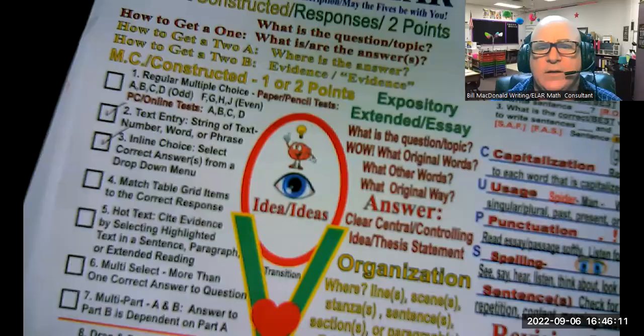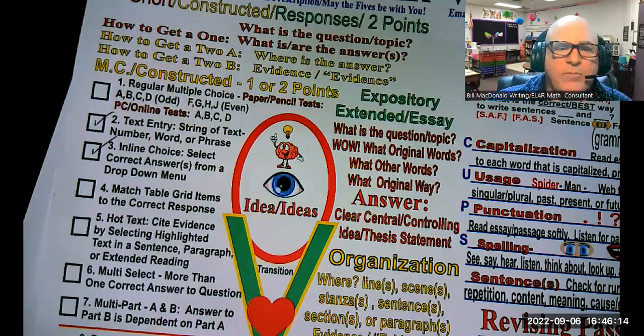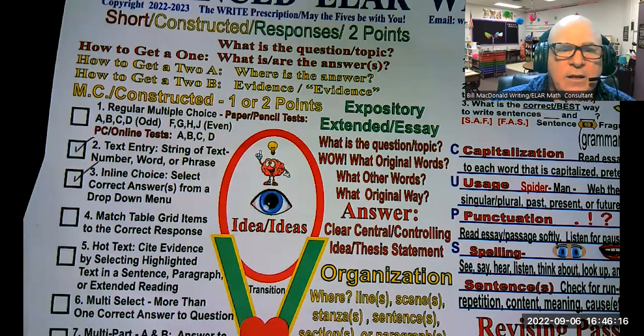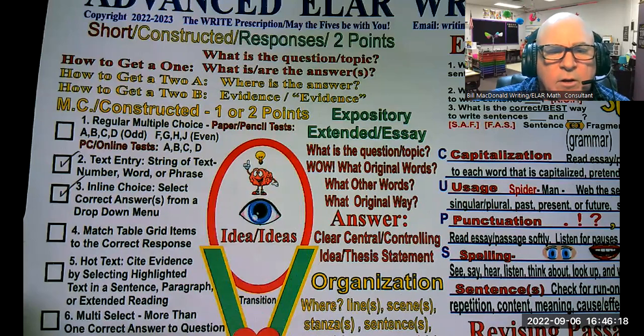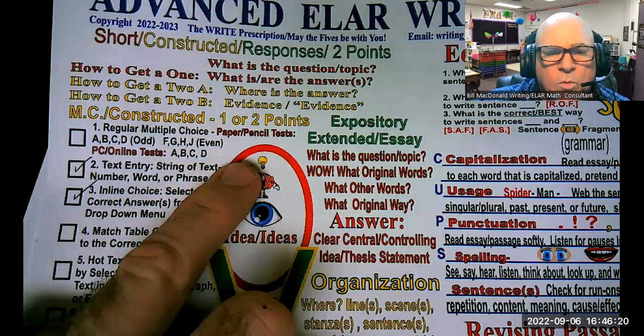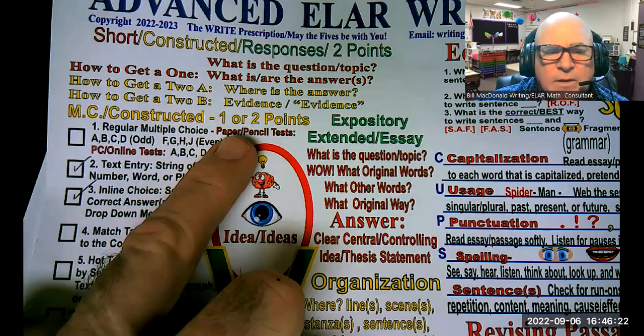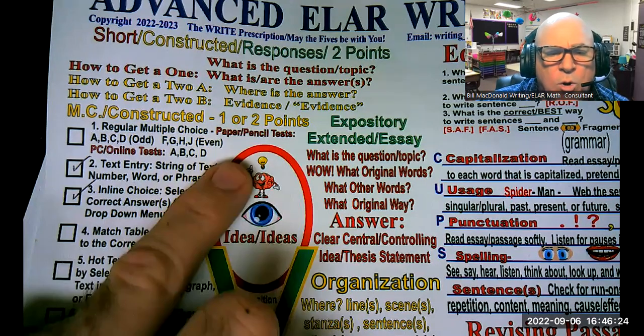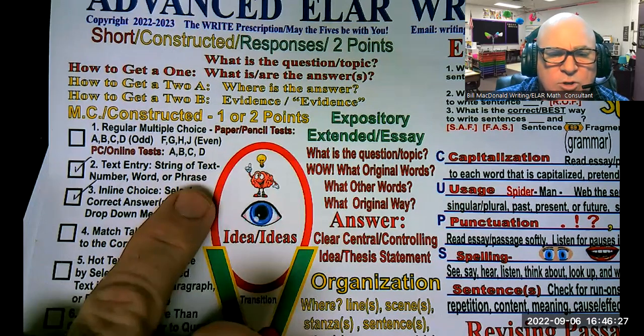So that's what we're going to do today by looking at the two easiest types of questions, and I checked them off for you for today in the constructed responses. They're always going to be worth 1 or 2 points, and in this case, we're going to look at the 1 point questions.